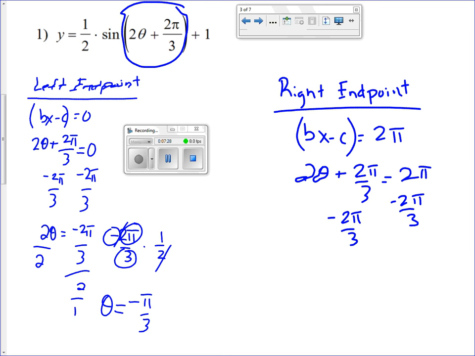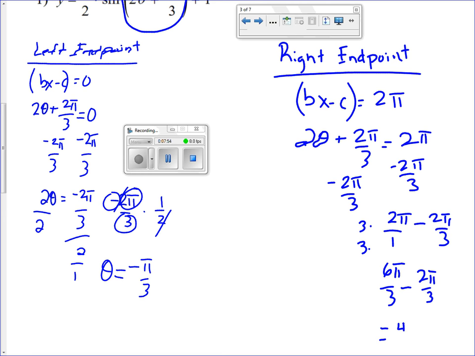So if you look here, it looks like we're going to have to do some subtraction of fractions. So we're going to put 2 pi over 1. And anytime we add or subtract fractions, we need a common denominator. So I'm going to multiply by 3. So 6 pi over 3 minus 2 pi over 3.